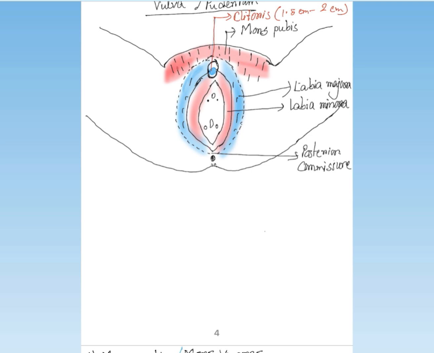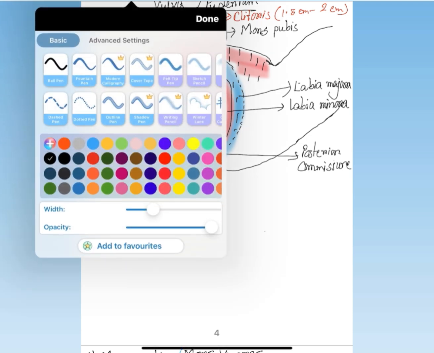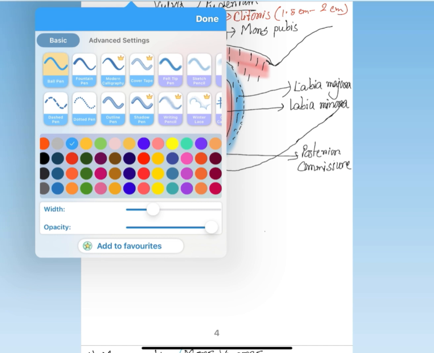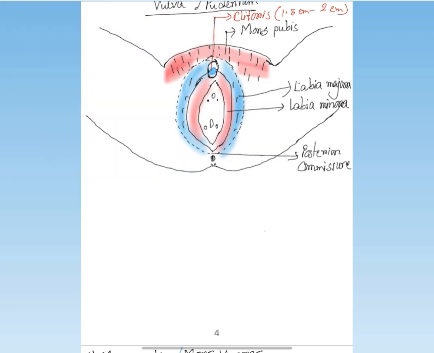Anteriorly, in the upper part, it meets and makes a portion called prepuce, and anteriorly in the downward direction it makes a structure called frenulum.